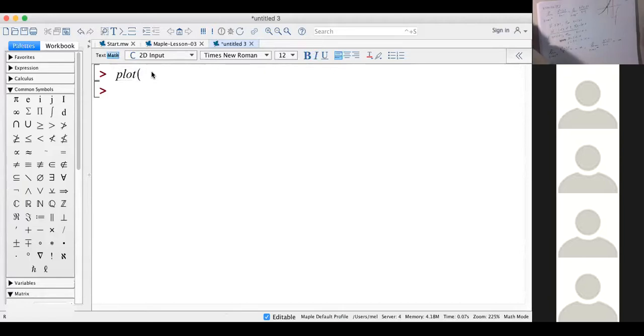So let's say we want to plot this function, x squared minus 3 times x, divided by x minus 1. Let's say we'll plot it from x going from -5 to 6, and y going from -20 to 20.